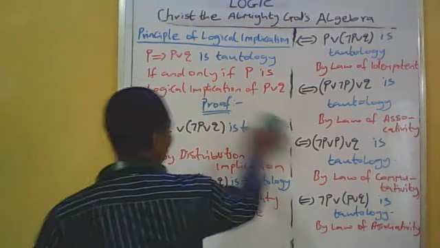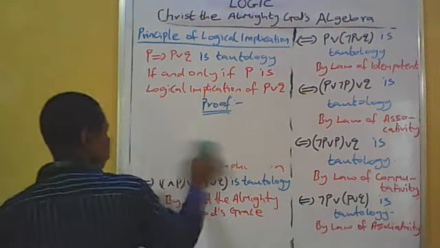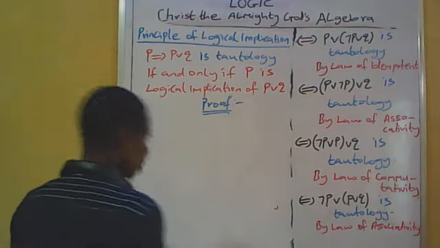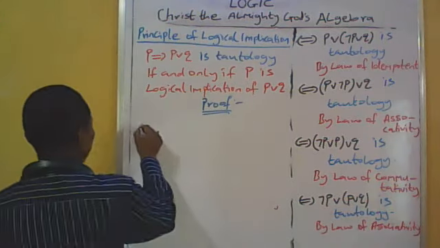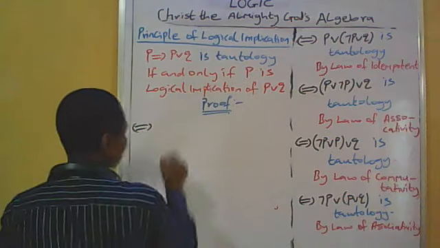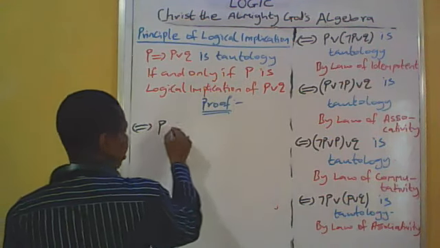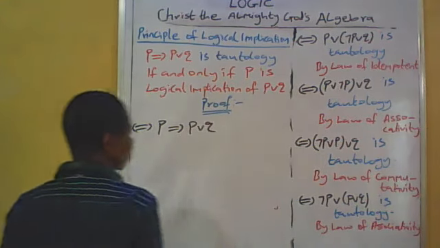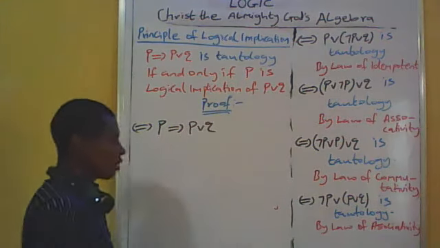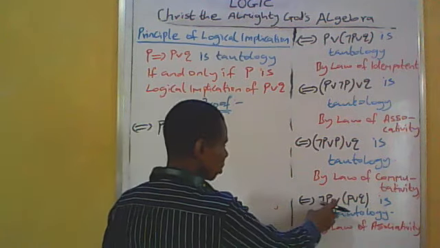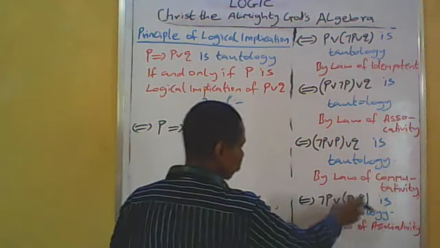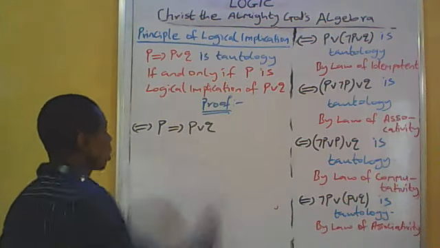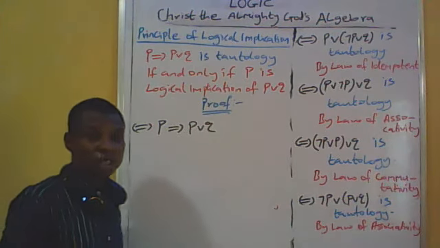We continue with this side. If and only if P implies P or Q. You see that we have now substituted this not P or bracket P or Q with P implies P or Q by first implication law.